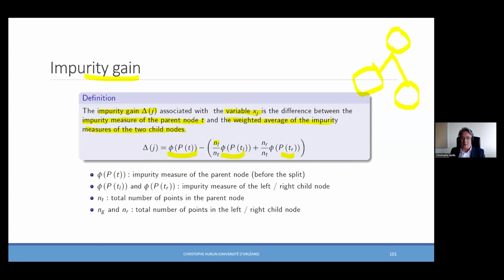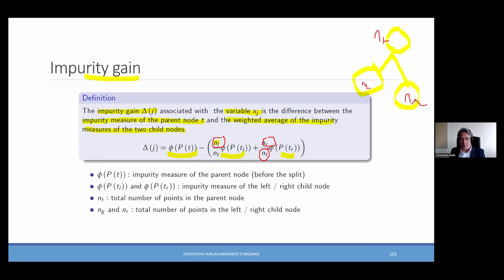NL corresponds to the number of individuals that are here, for instance, the number of men. And NR is the number of individuals in the right child node. And NT is the number of individuals in the parent node.